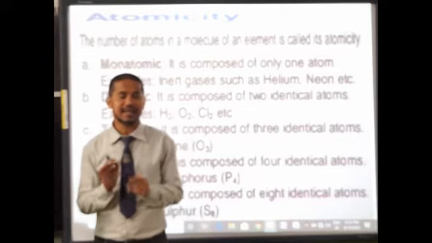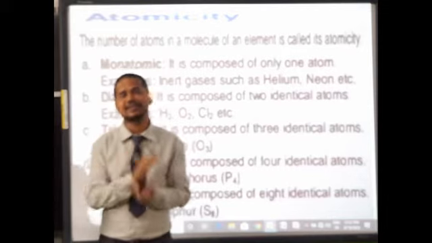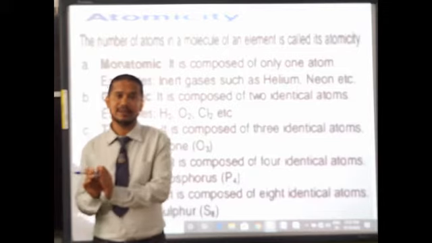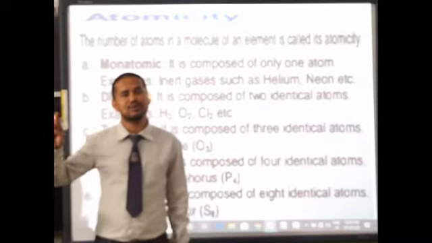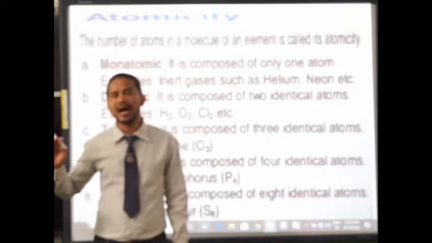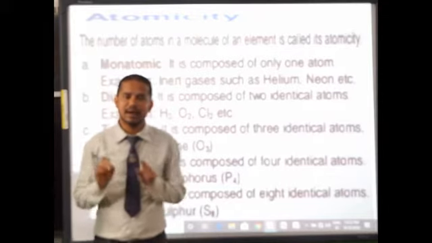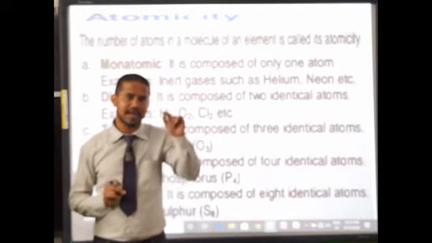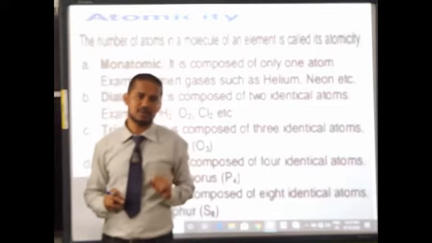In class 7 I told you there are exactly 7 diatomic elements: nitrogen, hydrogen, oxygen, chlorine, fluorine, bromine, iodine. Their molecular formula can be written by writing 2 as subscript in their symbol: H2, N2, O2, Cl2, I2, F2, Br2.